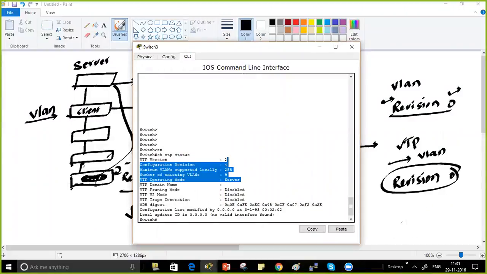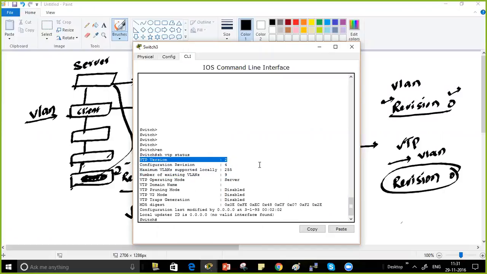It will first tell the version of the VTP. After that, it will show the VLAN configuration revision number. And how many VLANs it will support locally? Maximum 255 VLANs we can access using this switch. Sometimes they will ask how many VLANs a switch supports: 255 VLANs locally.